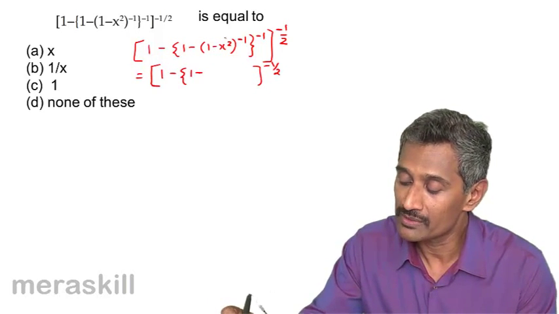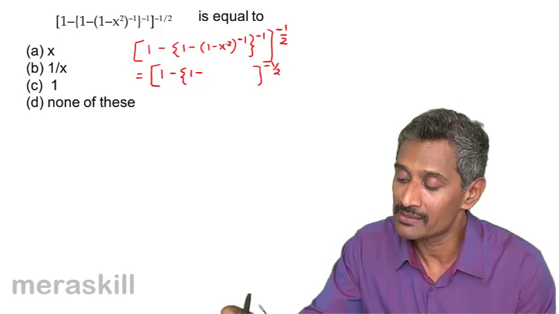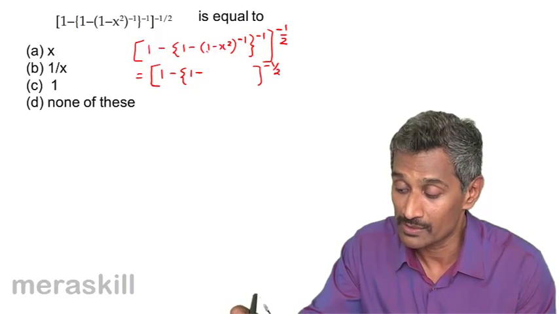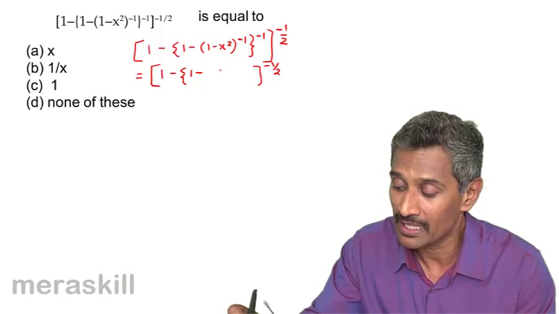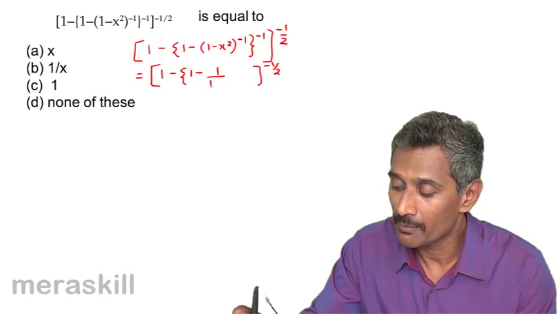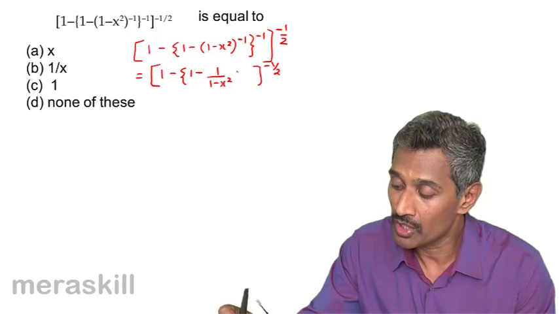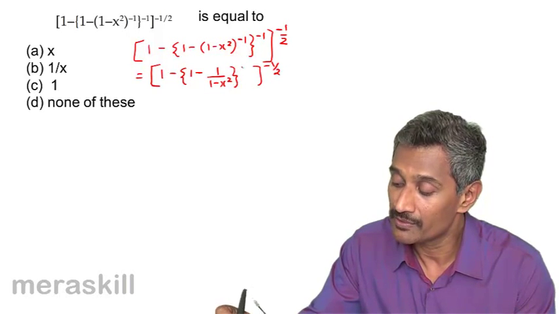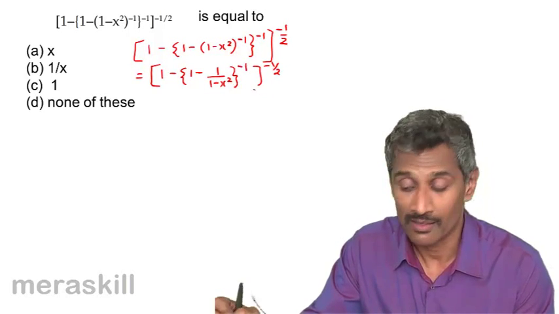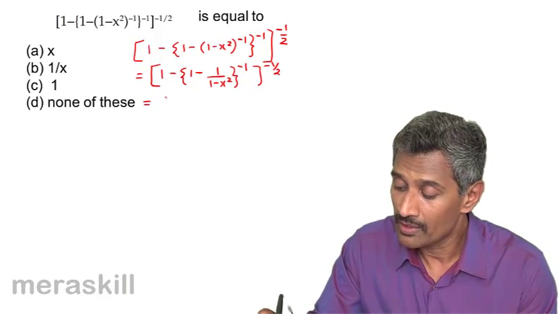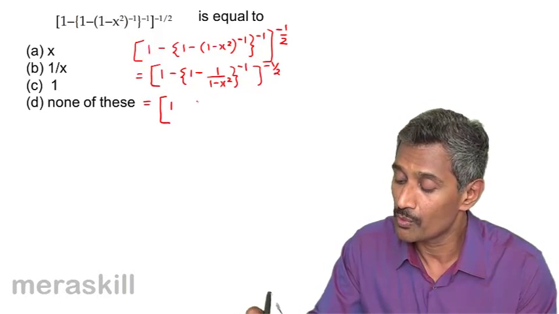And now this is the smallest bracket, so we have 1 minus x squared, the whole raised to minus 1. So it's x raised to minus a, which is going to be 1 upon x raised to a. So this is gone, but this has been raised to minus 1. Right. So now let's make this simpler.